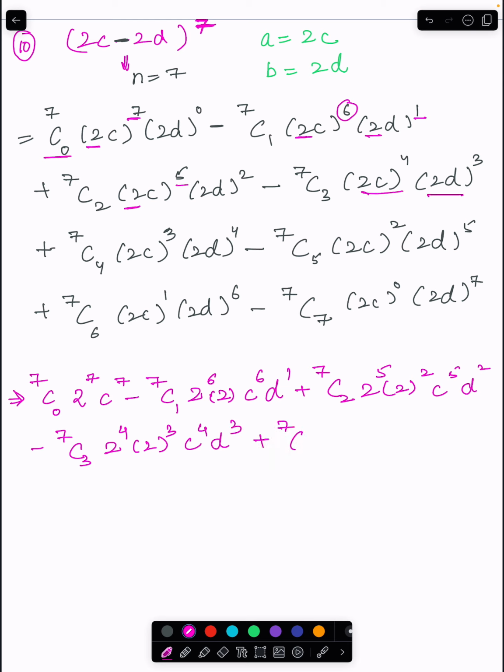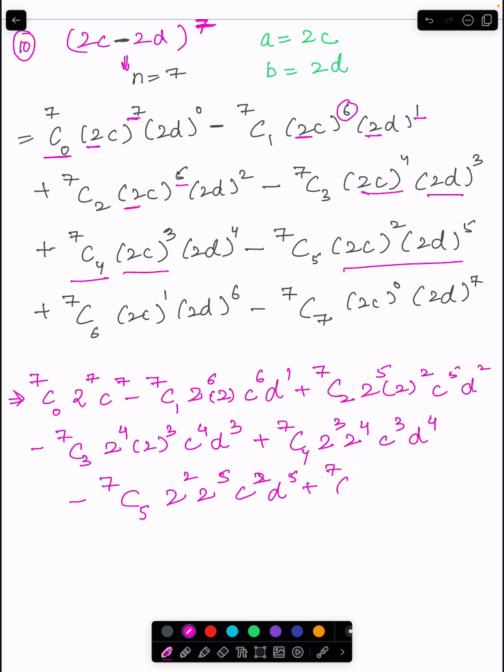Nothing I'm doing on my own, just watching each term like this. 2 power 3, 2 power 4, C power 3, D power 4, minus 7C5, 2 power 2, 2 power 5, C power 2, D power 5. Copying from here again, as I said, plus 7C6, 2 power 1, 2 power 6, C and D power 6, and the last one 7C7, 2 power 0, not needed, because power 0 is 1, 2 power 7, D power 7.